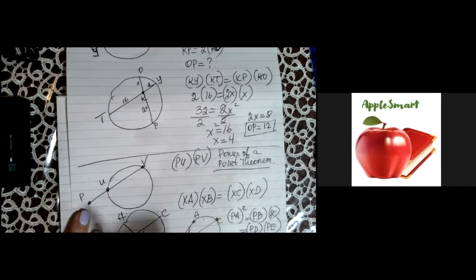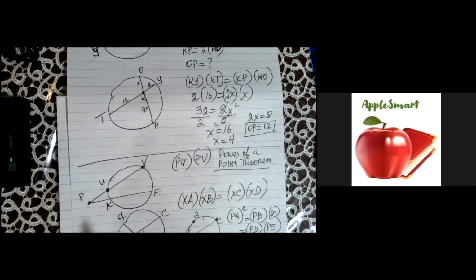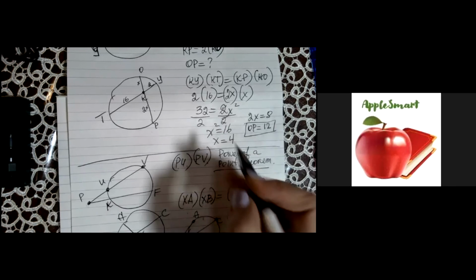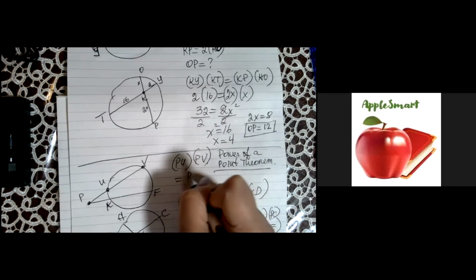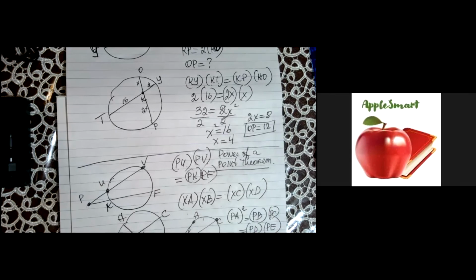The product of the distance from that point to the first point of intersection by the whole secant is constant. So if I have another secant here, call it KF, then PU times PV will be equal to PK times PF. That's what this power of a point theorem is telling you.